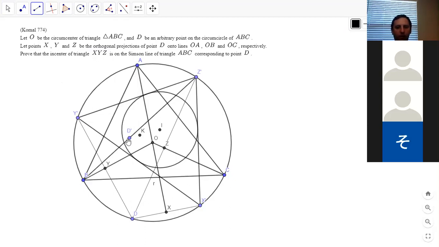Okay, so it's like D prime is the incenter. Good point. So those are collinear, and these are also collinear.